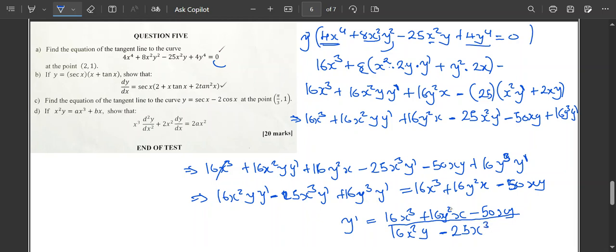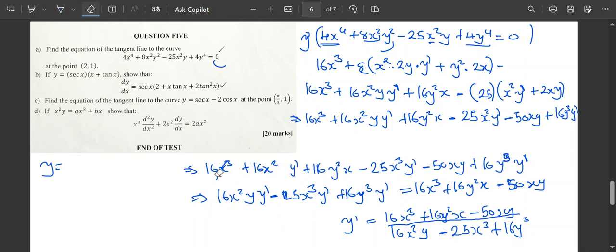Alright. Then plus 16 y to the power 3. Then the prime is already there. So now it's just a matter of substituting to find the gradient. So now find the gradient. We are substituting everything now.